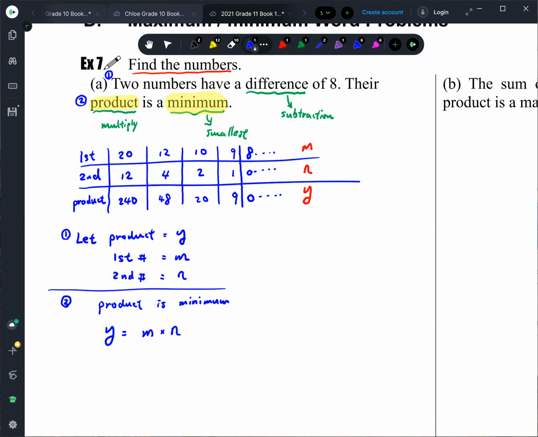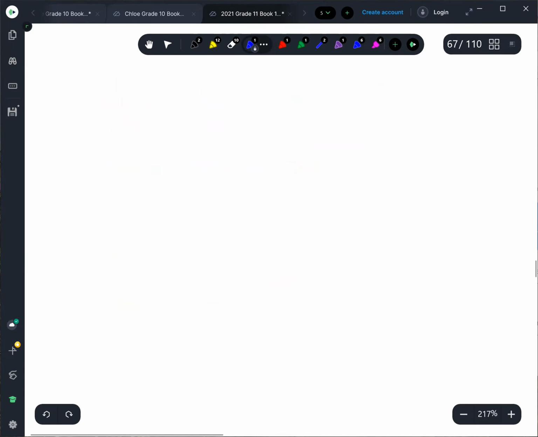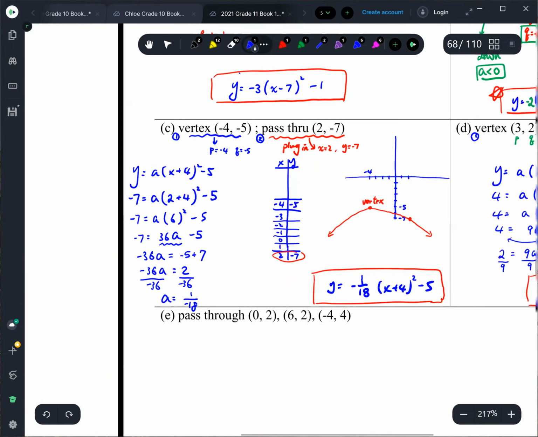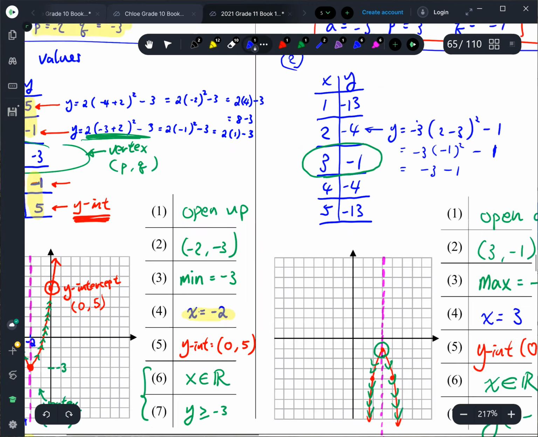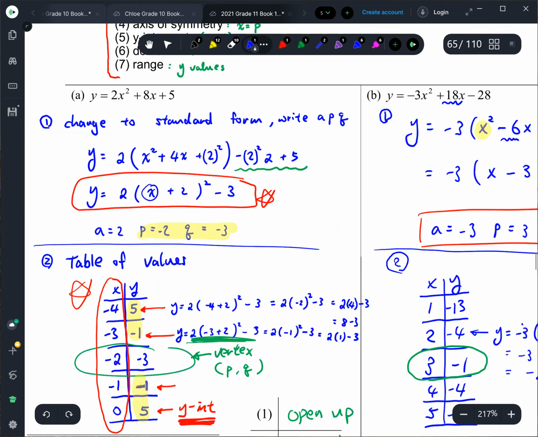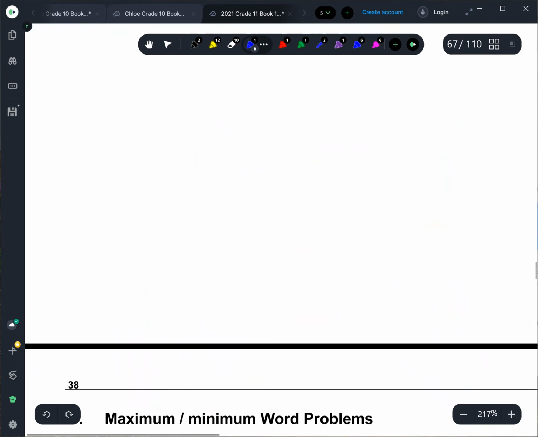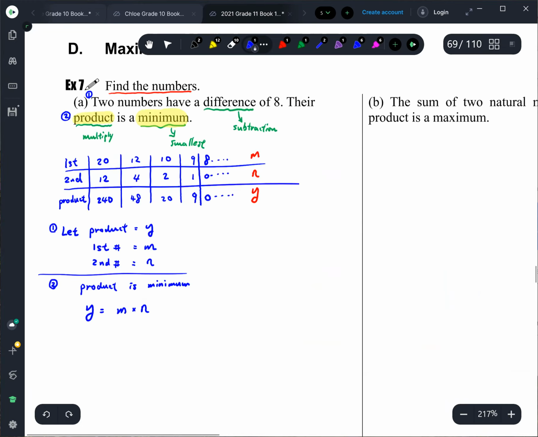But right now we have three variables here. In our quadratic function that we learned before, it's always two variables, just x and y. But now we have y, m, and n. We have three variables, so we cannot do that. We need to do something else.